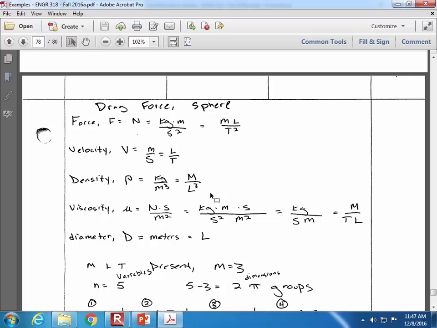Remember, our overarching objective is to try and create combinations of variables that don't have any units. I mean, we could have done this just like with lots of permutations, you know, like just a random assembling of these 5 variables until we checked the units of every resulting group and found out how many of them were unitless, but this is a little bit more of a guided approach.